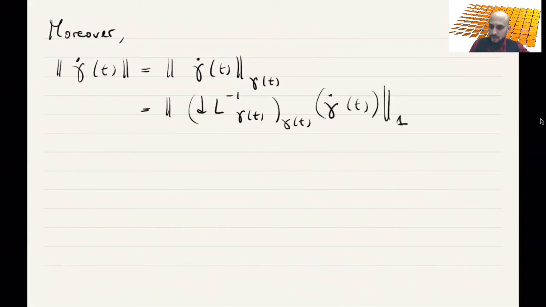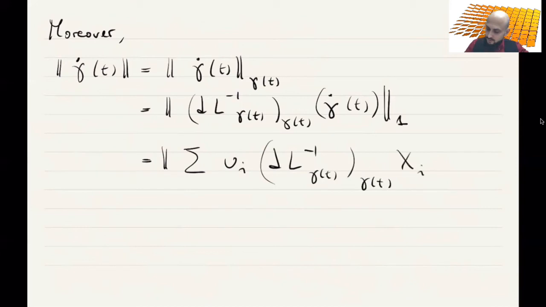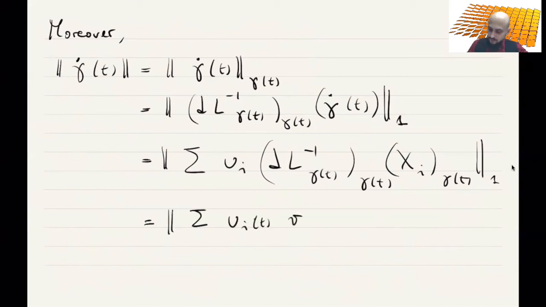So I write the formula from before as a sum of the ui's and the differential of gamma inverse t applied to xi at gamma t, and this is equal to the sum of the ui's, the functions of t, times vi, where, as before, vi is just the value of the vector fields at 1.